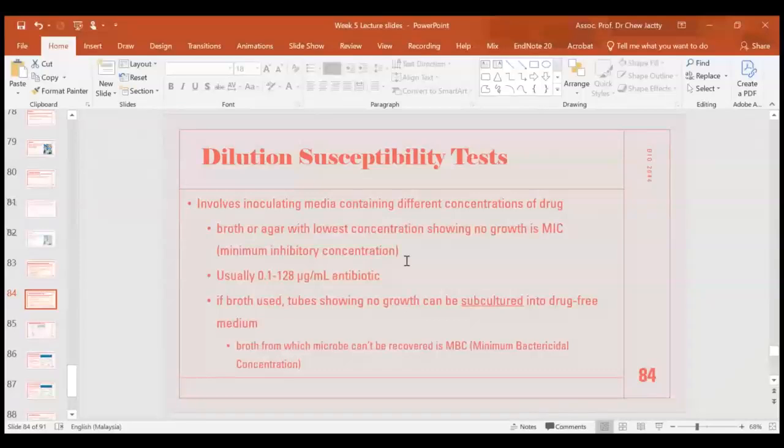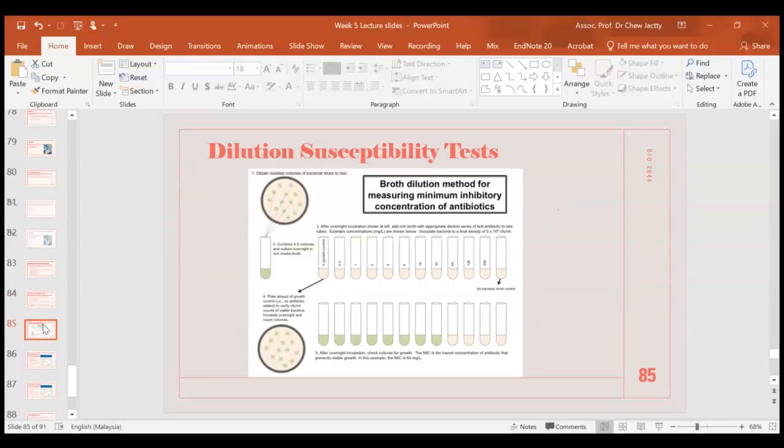In the clinical setting, the standard concentration used is between 0.125 to 128 microgram per ml of antibiotics. Usually we don't test a concentration much higher than this because generally the higher the concentration, the less safe the antibiotic is to the human cell. So this is how it is tested.